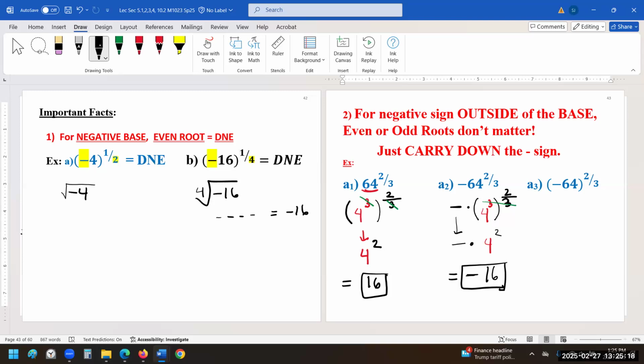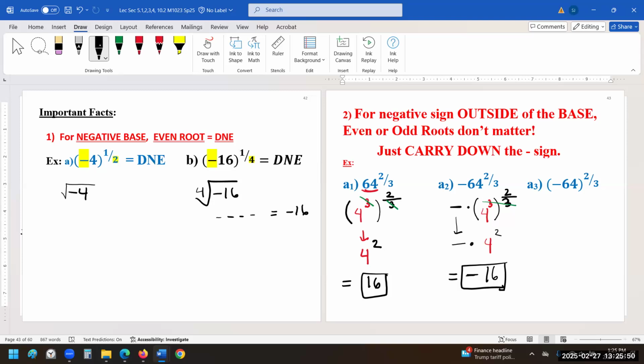They fight. But weird people are like, ah. So anytime you have an odd denominator, something exists. It's real. But if you have even, it doesn't exist. Odd denominator always gives you some answer. But if you have an even denominator with a negative base, it doesn't exist.